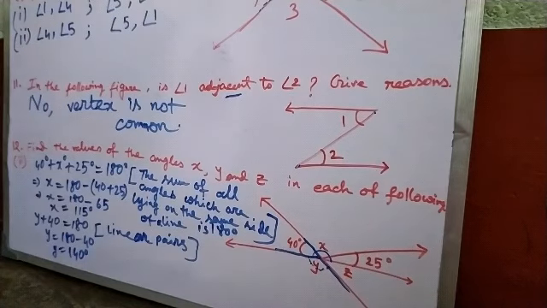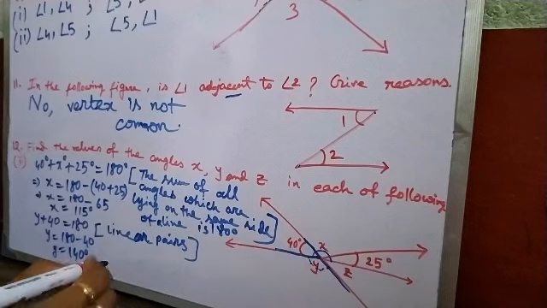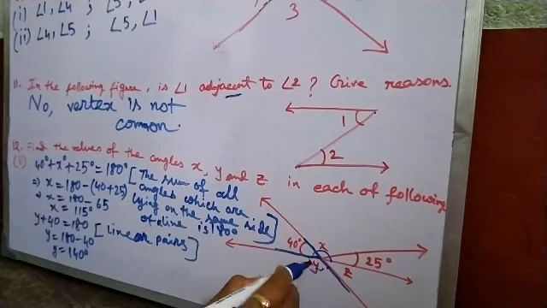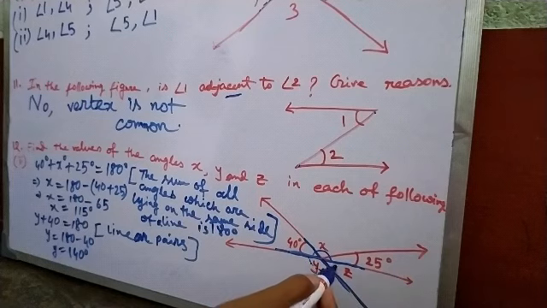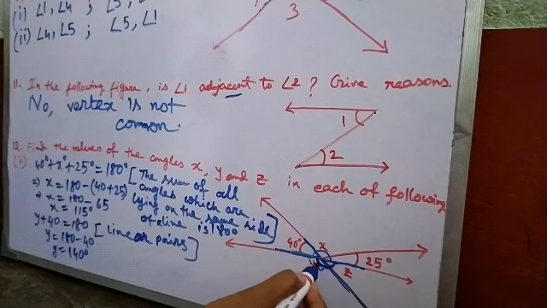Now we have to find the value of z. How to find it? If this is the line and this is the common ray, and this is a straight angle, that means y and z are a linear pair of angles.